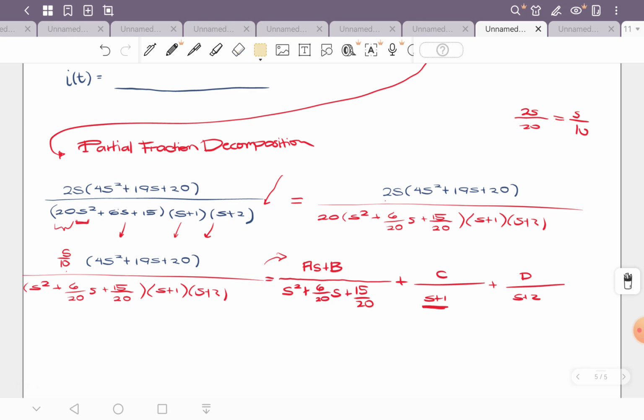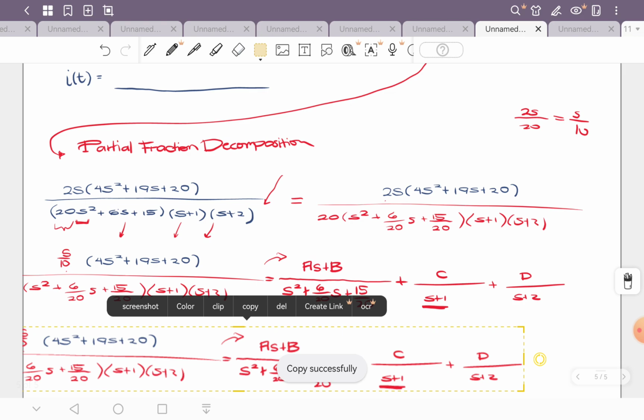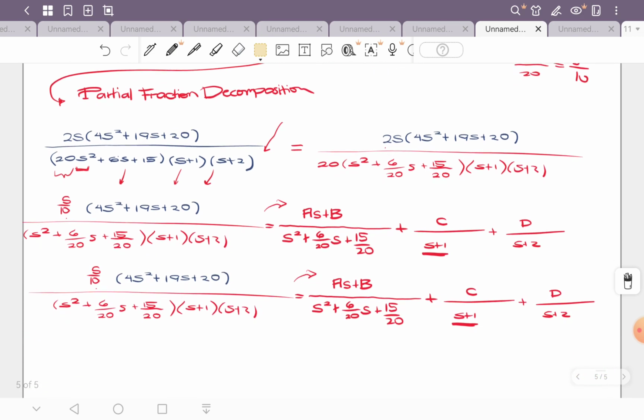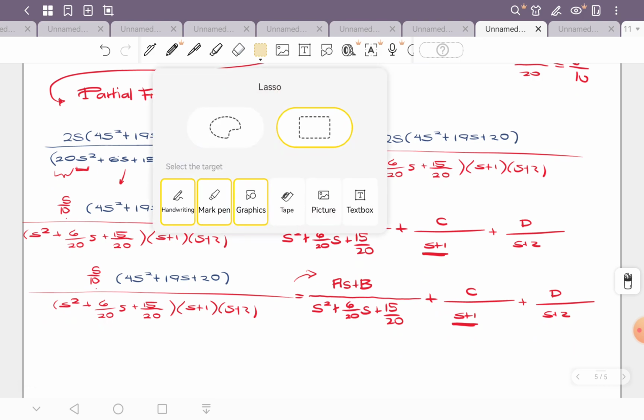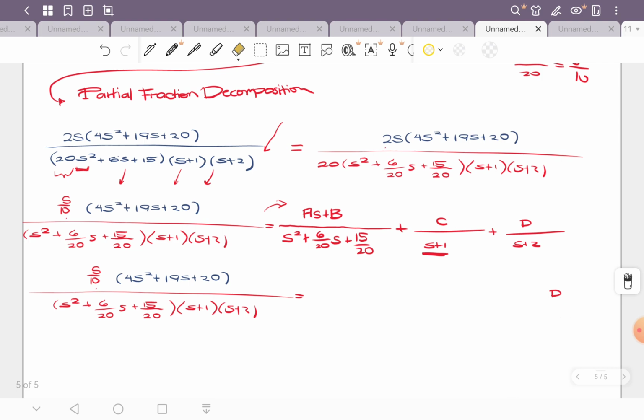Now let us simplify by taking the common denominator, which is the product of s squared plus 6 over 20 s plus 15 over 20, and s plus 1 and s plus 2.